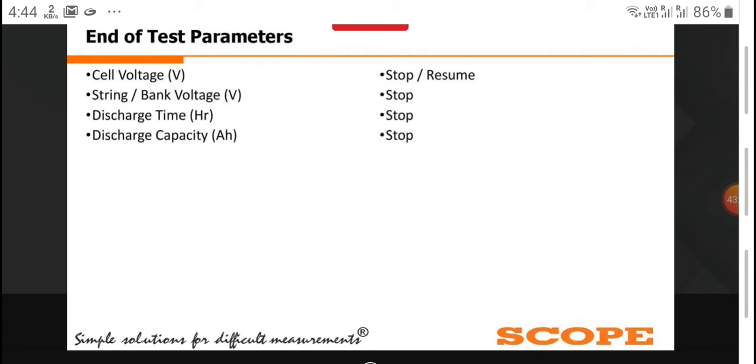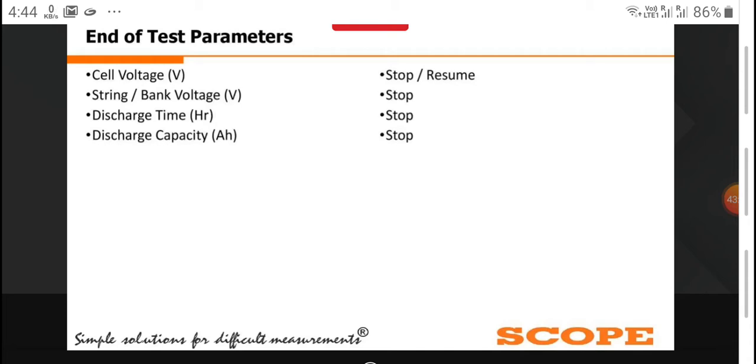Beyond 1.8 volt you can stop the discharge process, because beyond that the cell will be in deep discharge mode. But for the cell voltage, if it goes below 1.8 volt, you need not stop, and you can also resume the test.